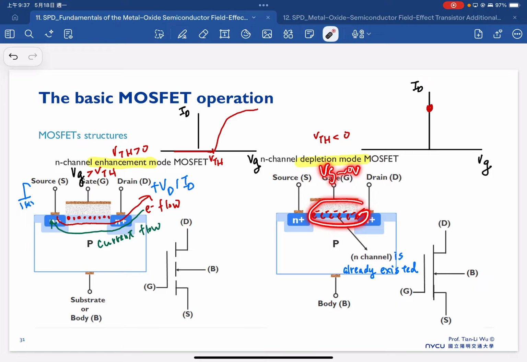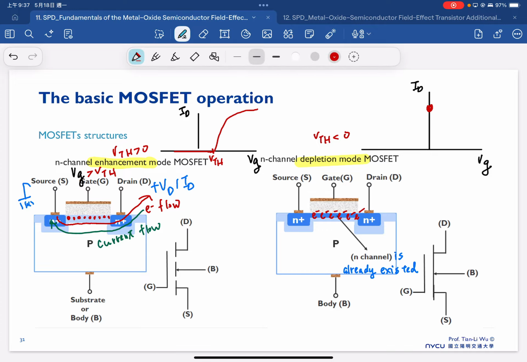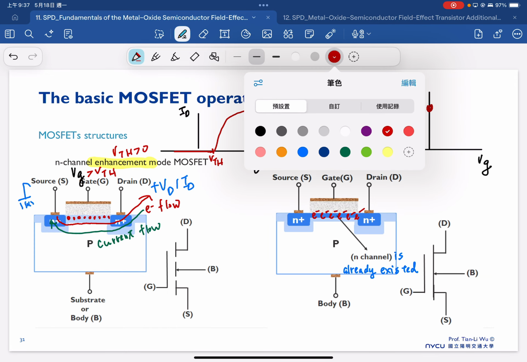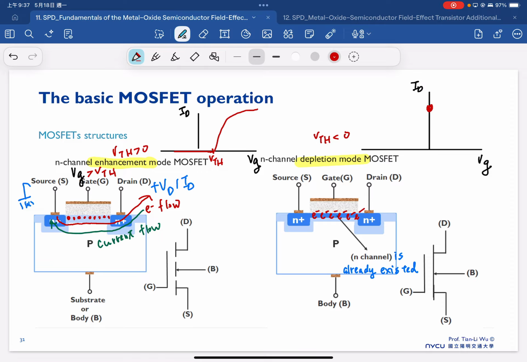So the main operation condition is that we need to consider how to turn off the channel. What we usually do is apply a negative bias and sweep it negative. As long as the bias is negative enough, we will start to deplete the channel. So this is our threshold voltage here.